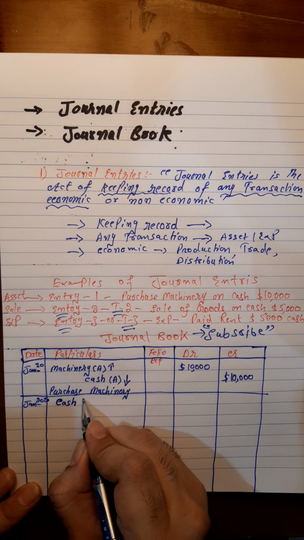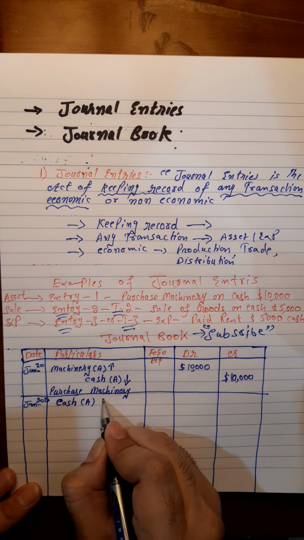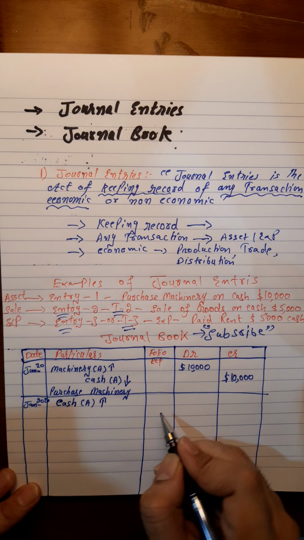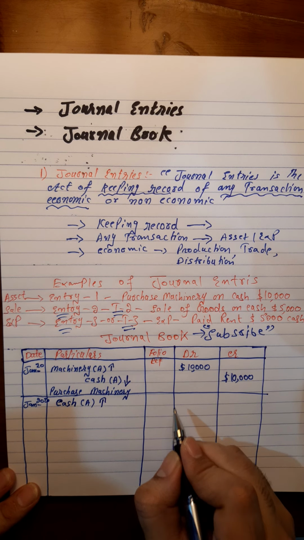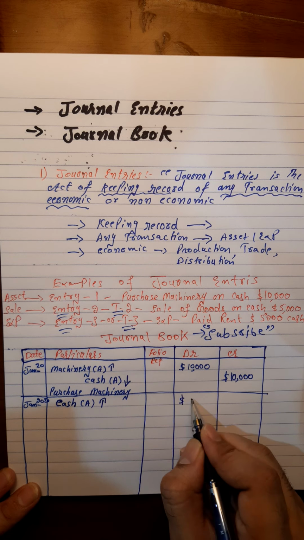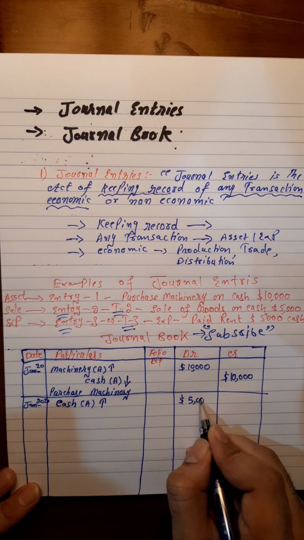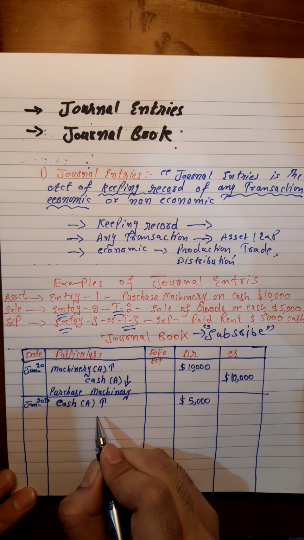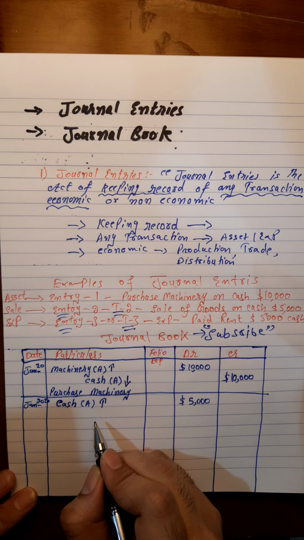Cash is an asset, and when an asset comes to the business, the asset increases. When an asset increases, it will be debited. So 5,000 debit.